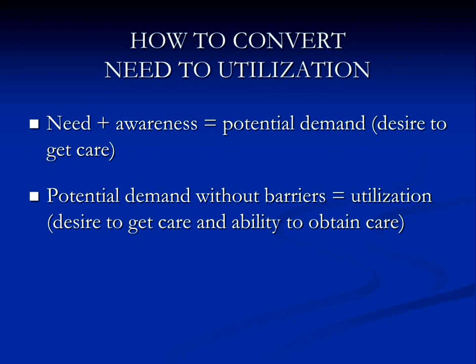Then we're adding in awareness, that educational component, and we're creating potential demand. If we have potential demand and we do not have any barriers for them to come into the dental office to receive care, we're creating utilization. So we have the desire to get care and the ability to obtain care.